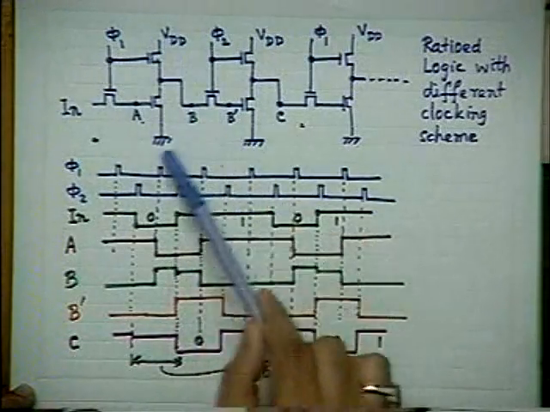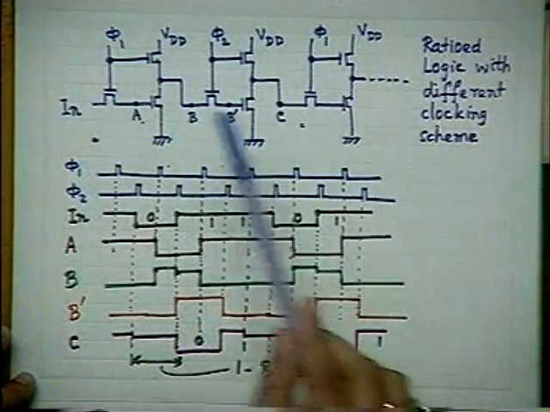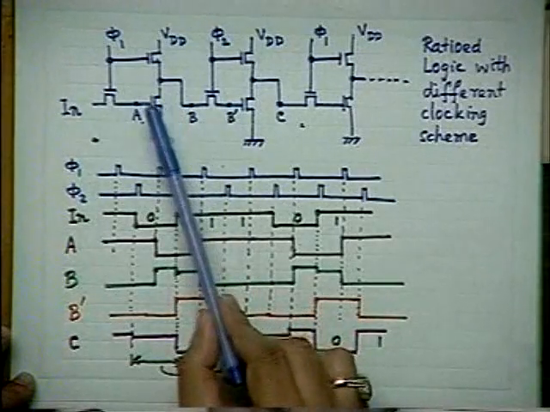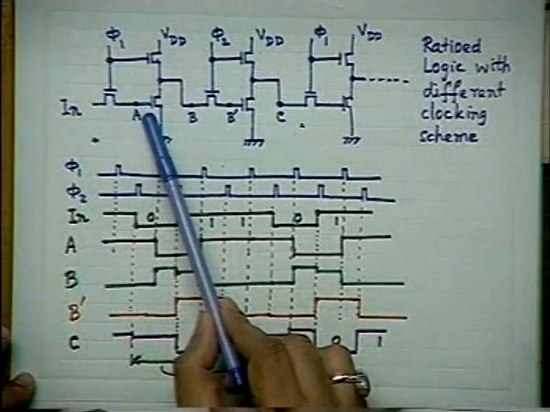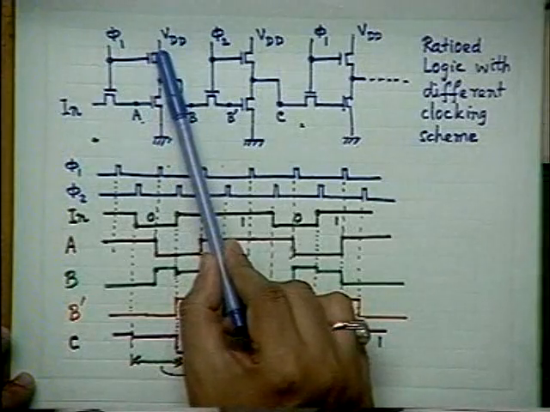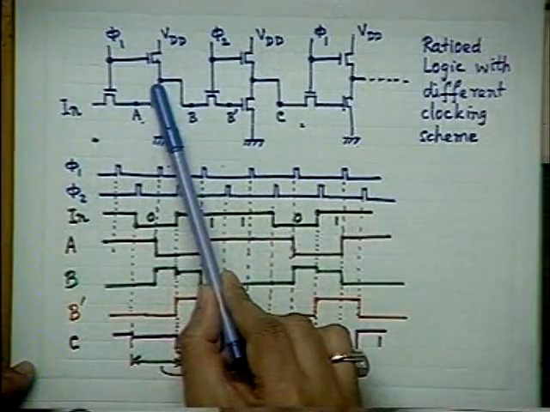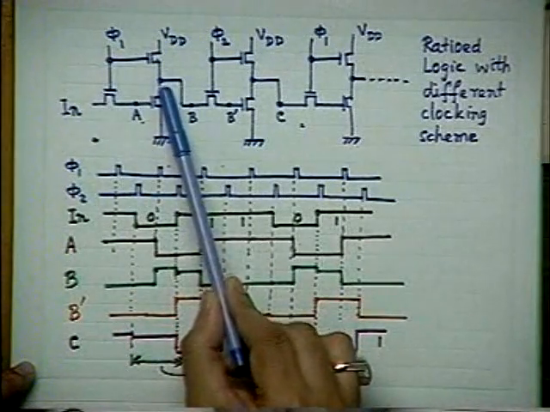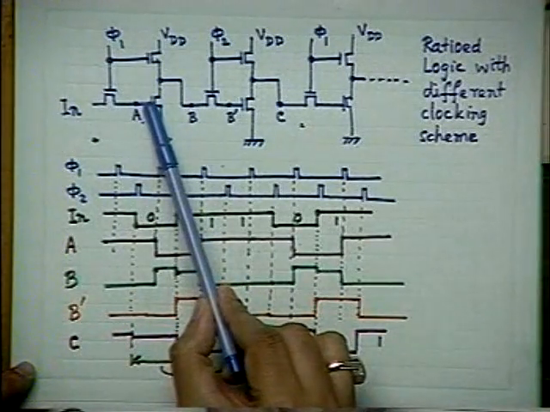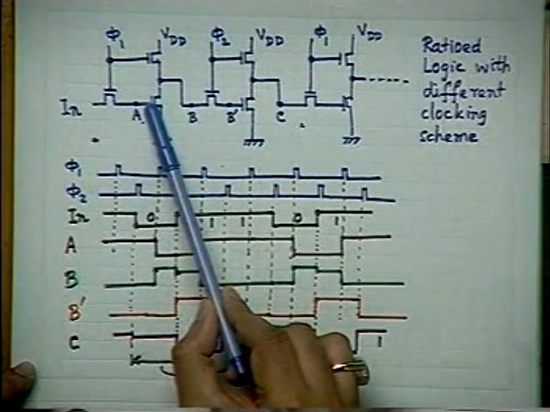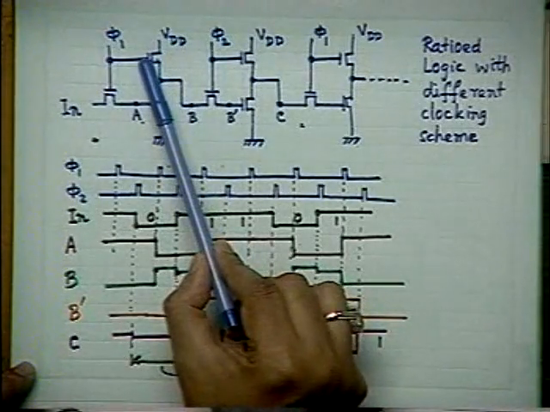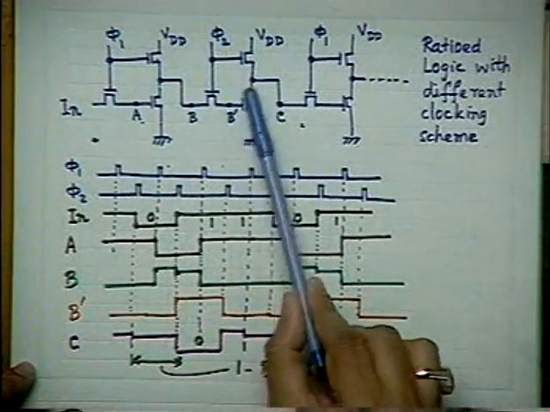Because it is a ratioed design, you remember the W by L of this transistor should be quite large compared to the W by L of this. Therefore, the area of the drain junction of this transistor will be quite high, much higher than this transistor. What about this transistor?